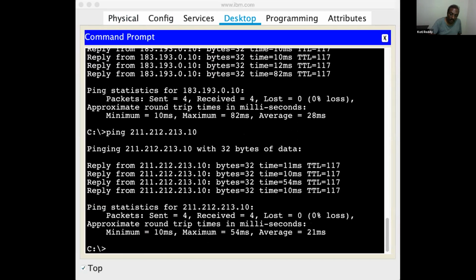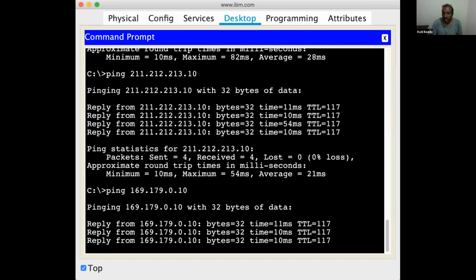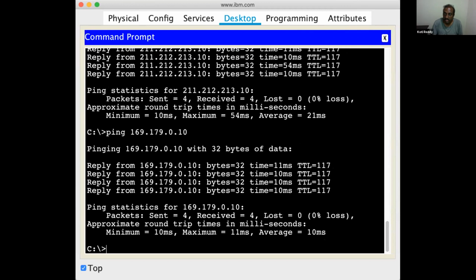Can I also ping the systems 169, ping 169.179.0.10? I could ping. You understand now? So from ISP1, I could ping all the systems in the other two ISPs also. So all the ISPs now are able to talk to each other.